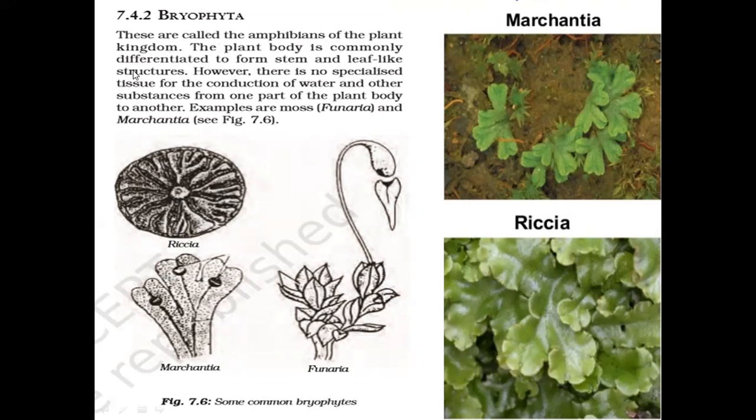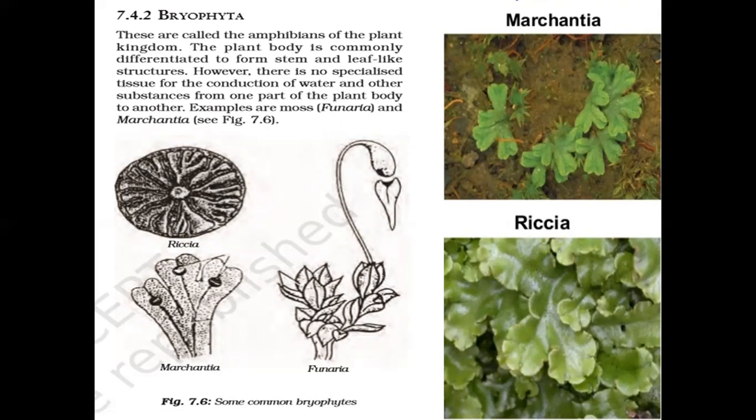However, there is no specialized tissue for the conduction of water and other substances from one part of the plant body to another. So there is no xylem and phloem, no vascular tissues.